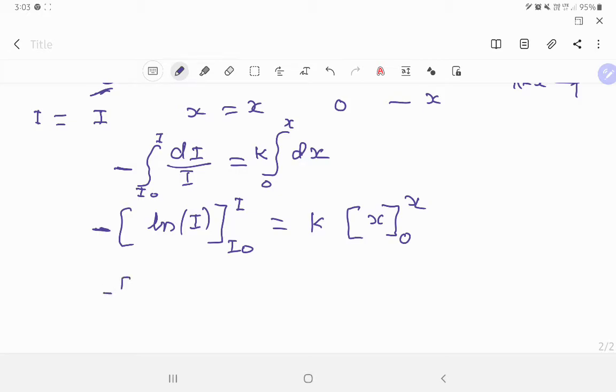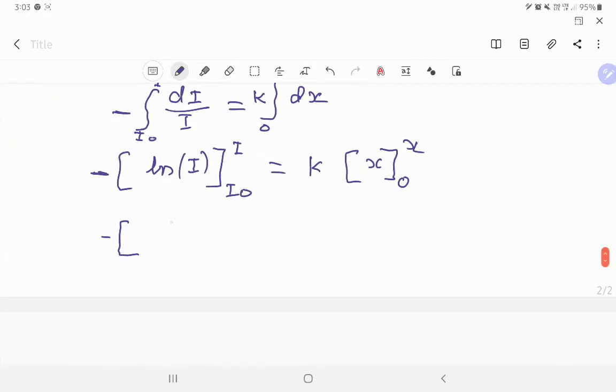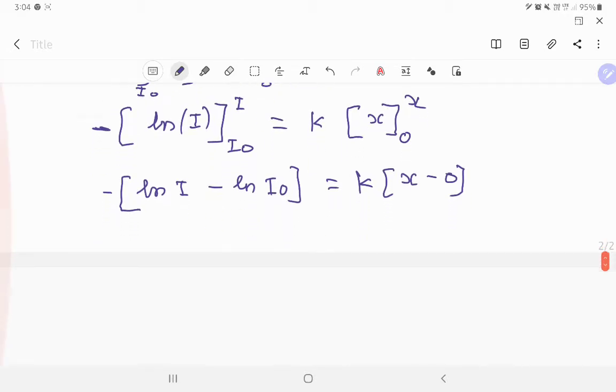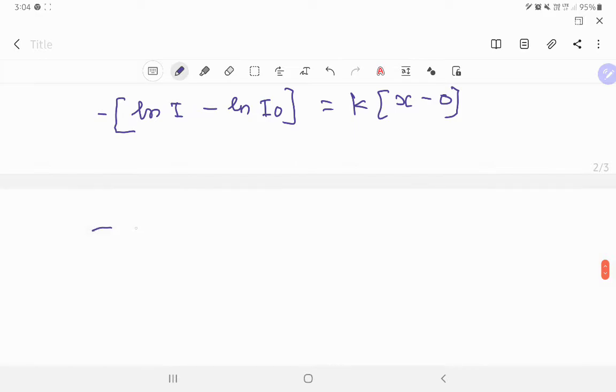Applying the limits, upper limit minus lower limit: ln I minus ln I0 is equal to k into (x minus 0). Therefore, minus ln of I upon I0 is equal to kx.